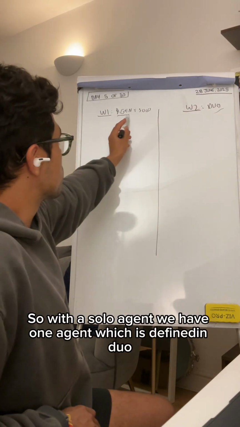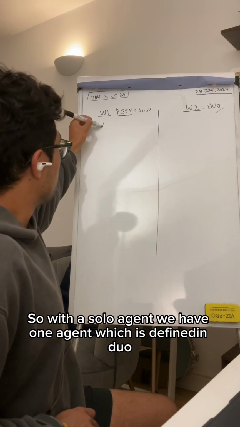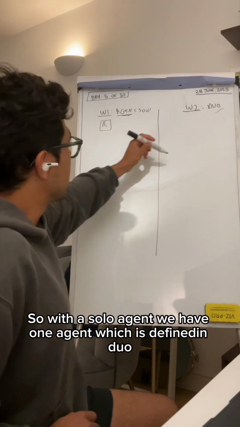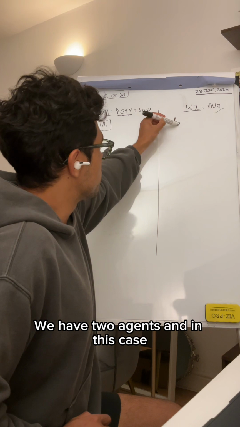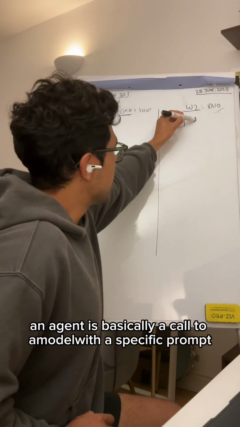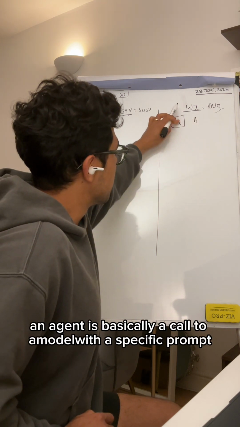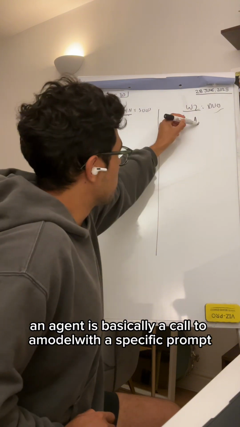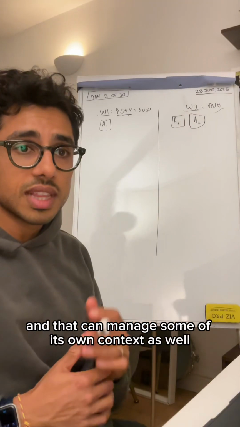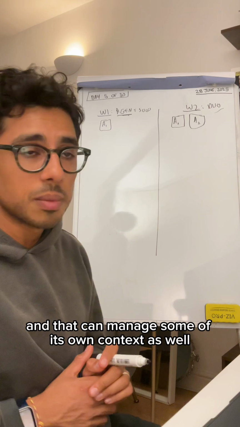So with a solo agent, we have one agent which is defined. In the duo, we have 2 agents. And in this case, an agent is basically a call to a model with a specific prompt, and that can manage some of its own context as well.